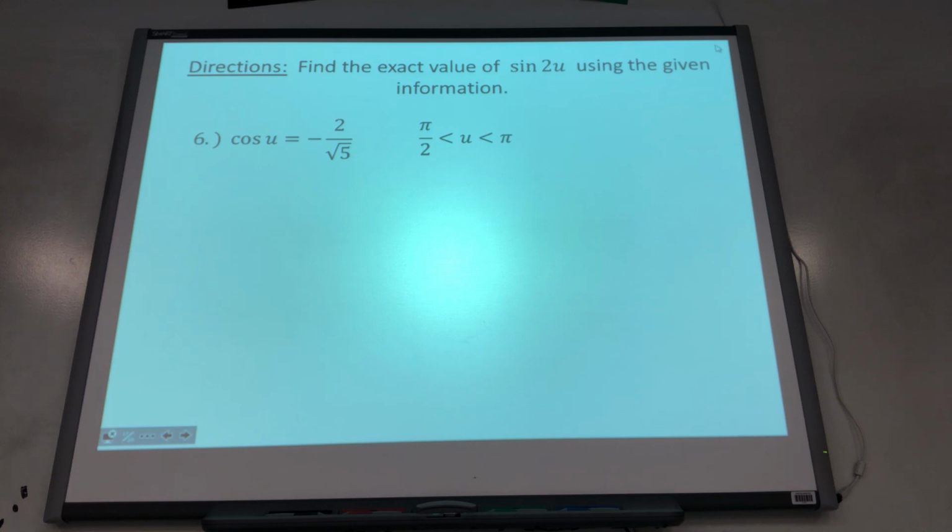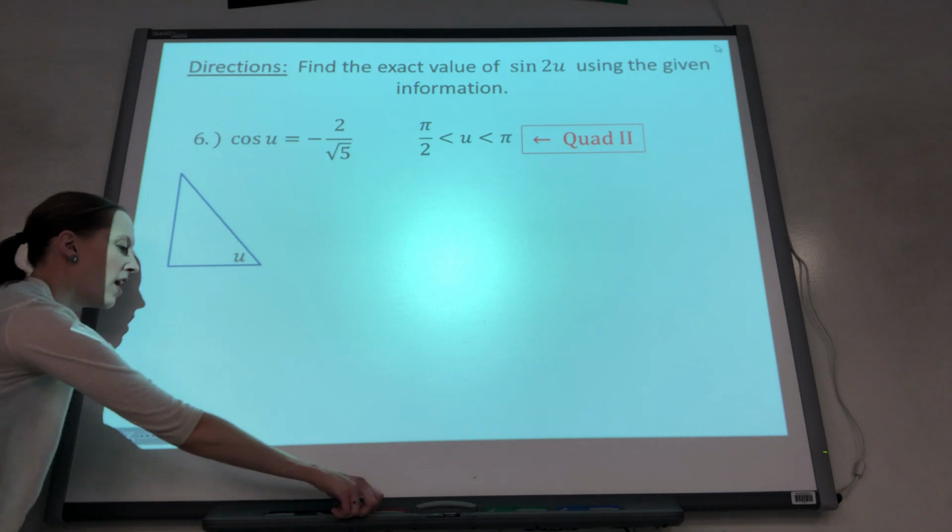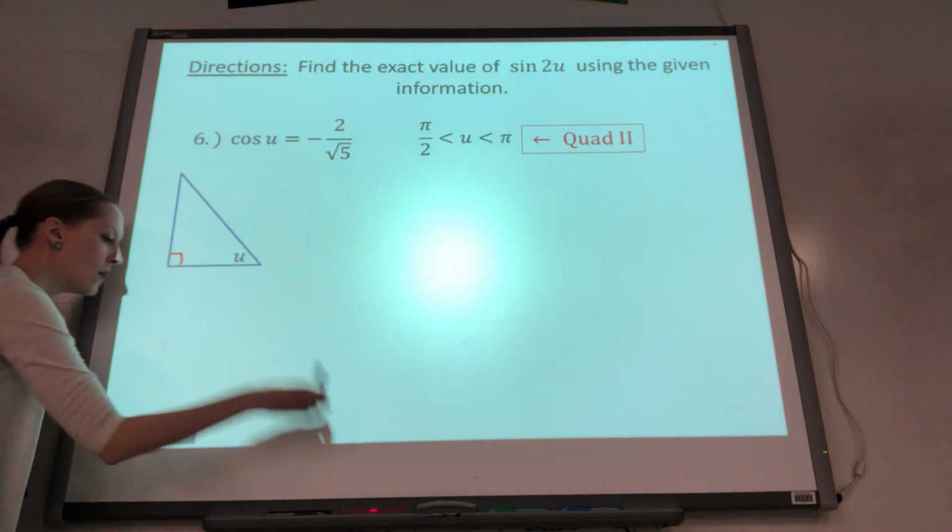And it also says, in a fancy way, that u is between pi over 2 and pi. Now, if u is between pi over 2 and pi, what quadrant is that? Quadrant 2. So that's how I need to draw my right triangle.